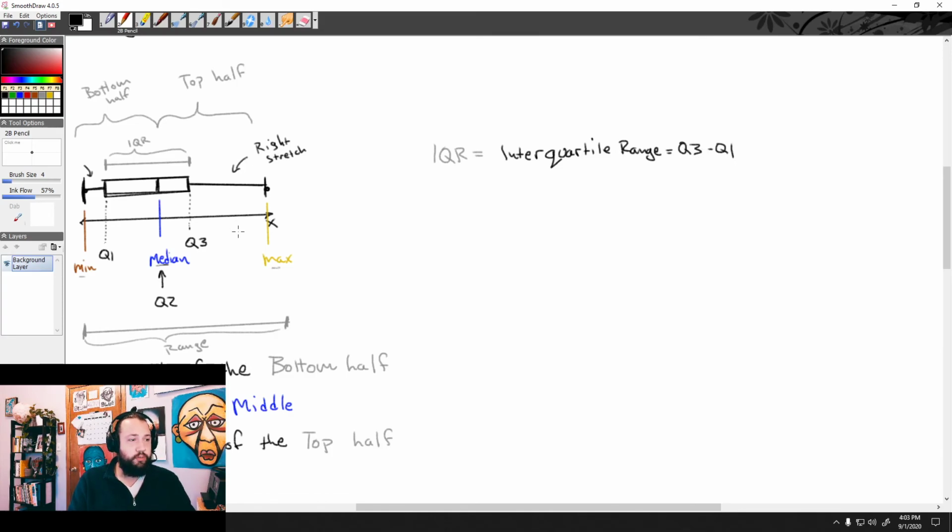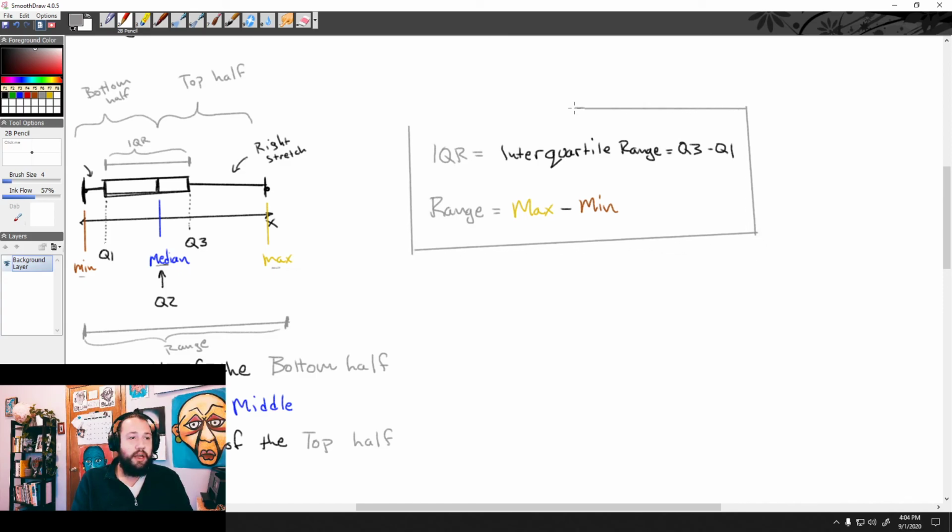That's it. Super simple. Take your Q3 minus your Q1, and your range, your normal range, is just going to be your maximum minus your minimum. And this is literally all we need to know about range for today.